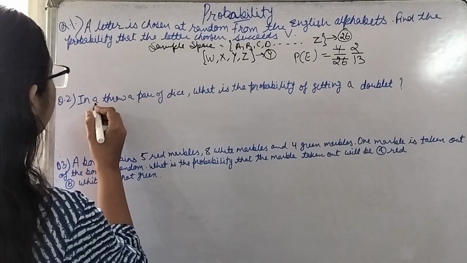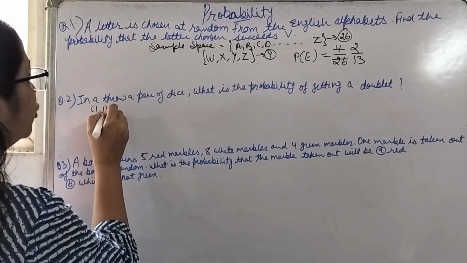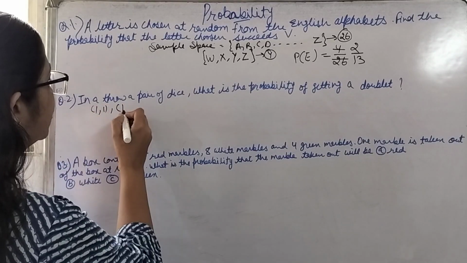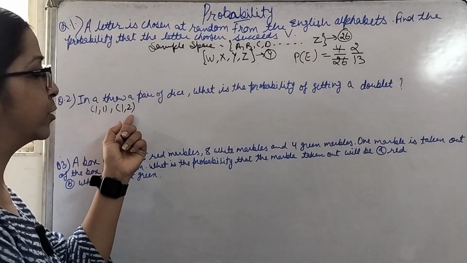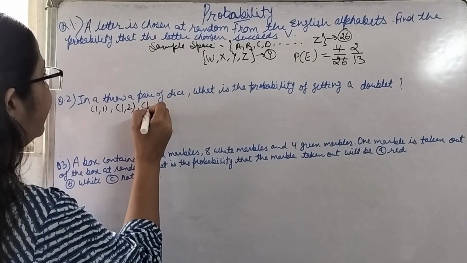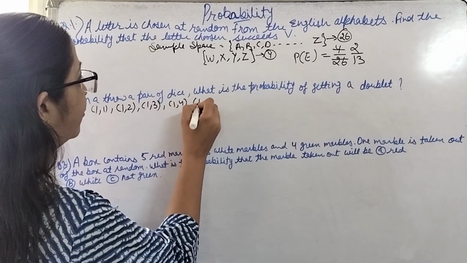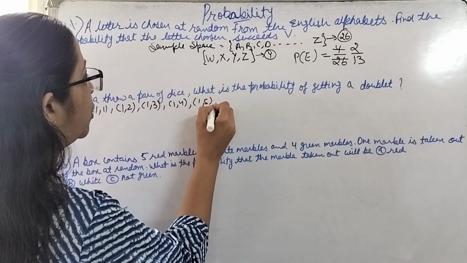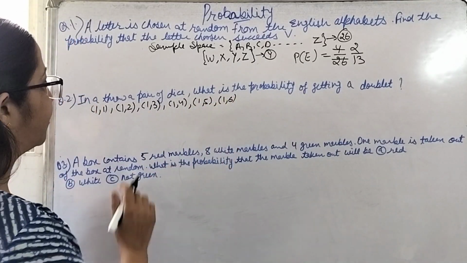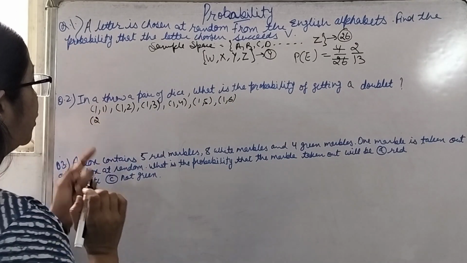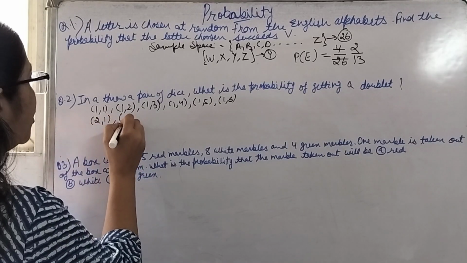On the first dice, if there is 1, on the second dice it could be 1. If on the first dice it is 1, on the second dice it could be 2. On the first dice if it is 1, on the second dice it could be 3. Like that, if on the first dice it is 1, a total of 6 possibilities could be there. Similarly, if on the first dice 2 is there, then again there are 6 possibilities.